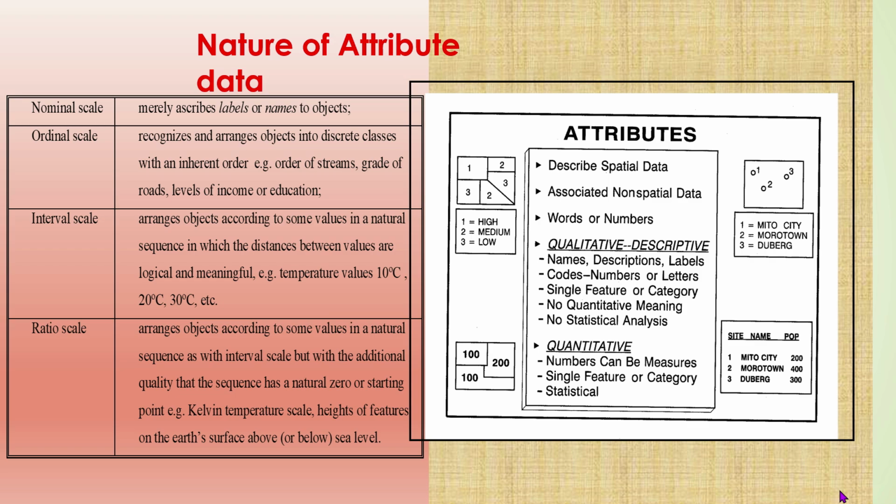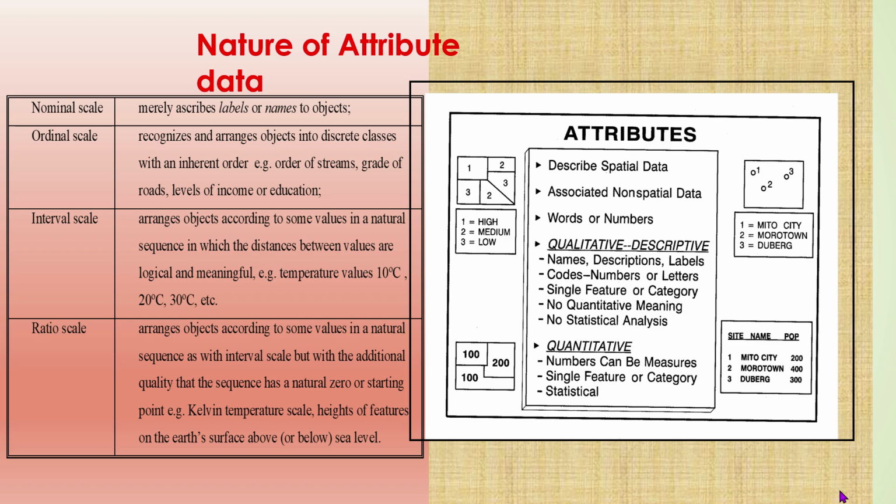You can have order of stream, first order, second order, or third order stream, or grade of road, or level of income, or urban density, where you have high density, low density, medium density. These are arrangements according to the order or the kind of ranking of your data set. So you can capture data in ordinal scale in GIS.